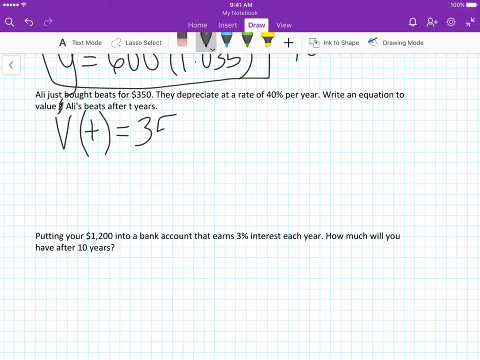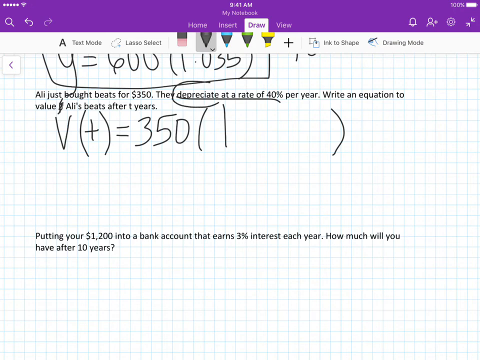Well, her beets started at $350. Then they're depreciating at a rate of 40% per year. Now, per year tells me, percent tells me that I should be using the 1 plus or minus r to the t equation. So I'm going to write 1.